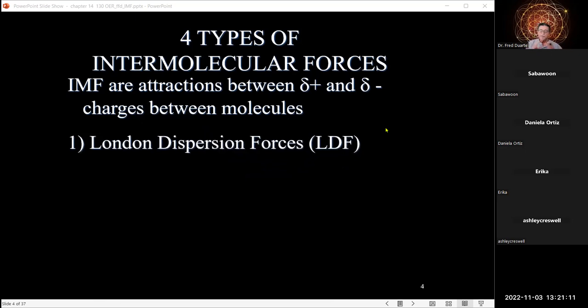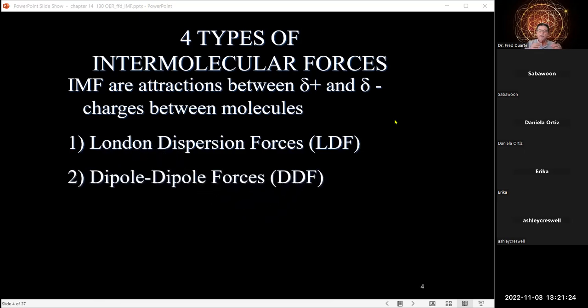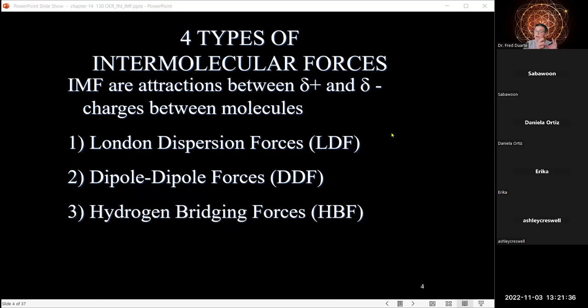the first type of force that we deal with are called London dispersion forces. The second type are the dipole forces, or DDF. And then there's a third type, which is basically a dipole force, like number 2, but with an additional aspect to it.